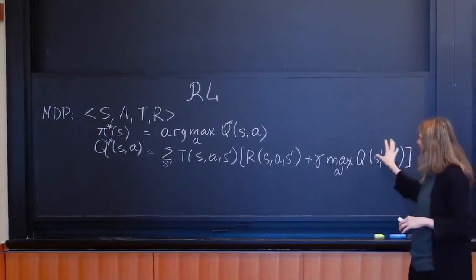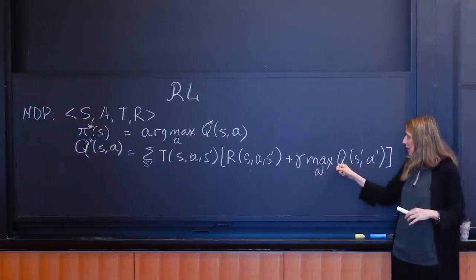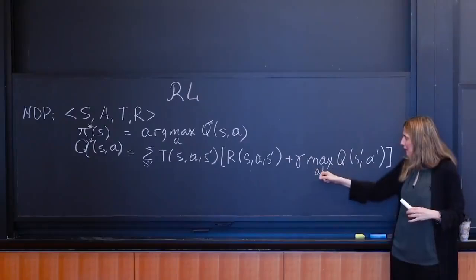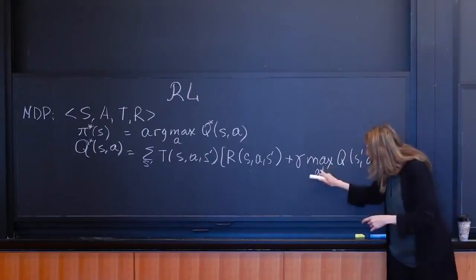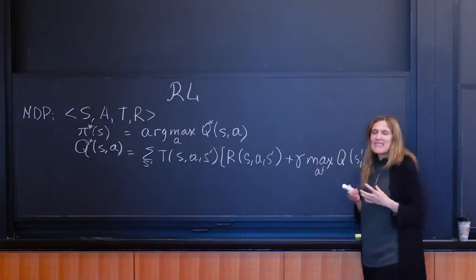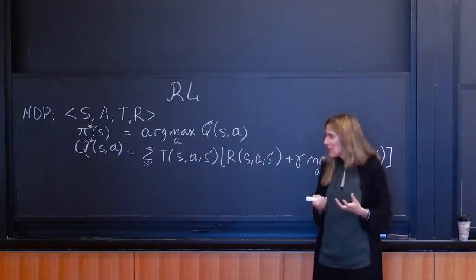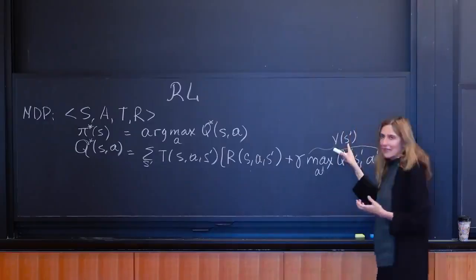If we take the maximum over all possible actions A prime that we can take, this actually gives us the value of the state. I could have written it as the value of state S prime, as I've done in the past.